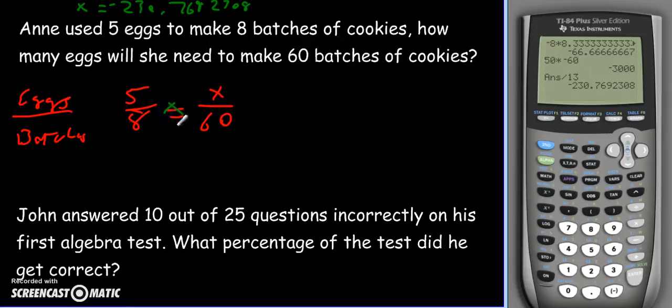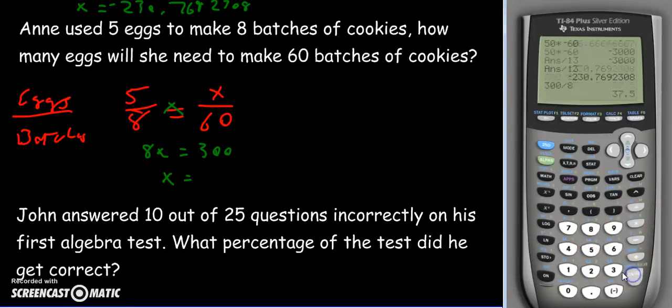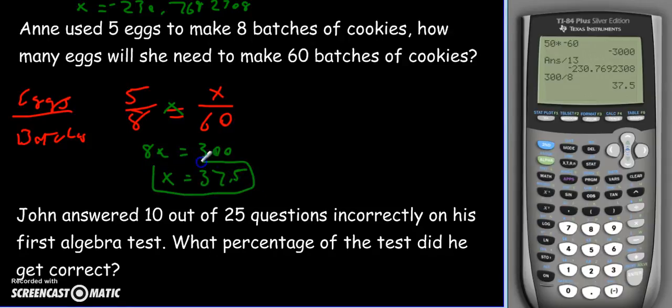So let's cross multiply. That's 8x is equal to 60 times 5 is 300, which means x is equal to 300 divided by 8, or 37.5. All right, so in this case, in order to make 60 batches, we need 37.5 eggs, or at least 38 eggs.